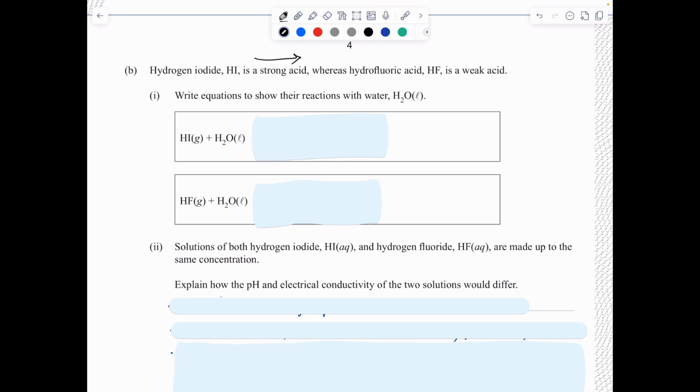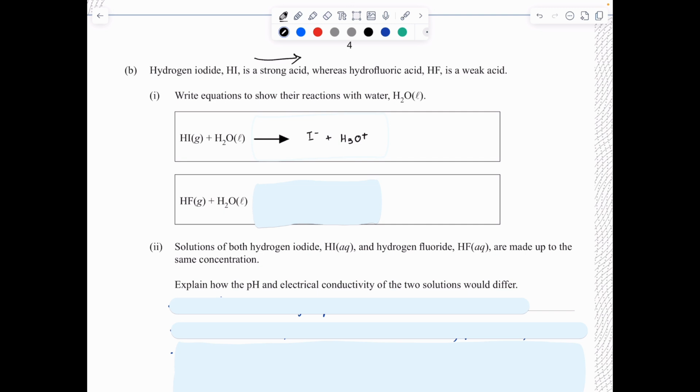Because it's an acid, what is it going to do? Is it going to donate hydrogens or accept hydrogens? Correct if you said it's a donator. Acids are hydrogen donators. What is it going to donate it to? It's going to donate it to water. So what would water turn into if it's got an extra hydrogen? Yup, H3O+.